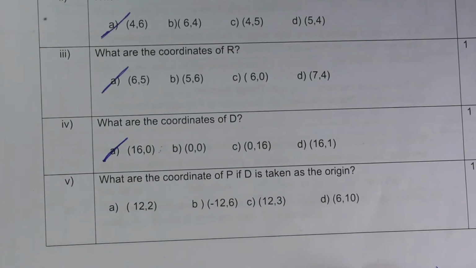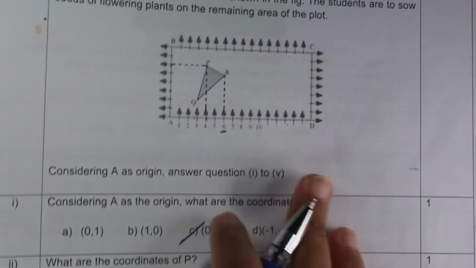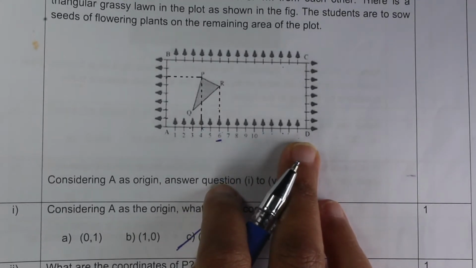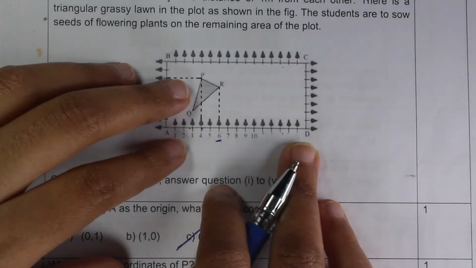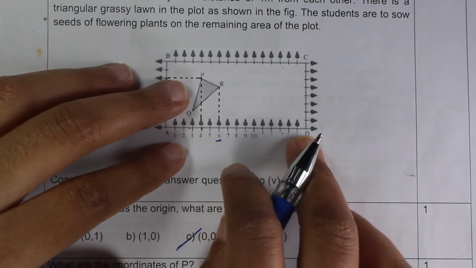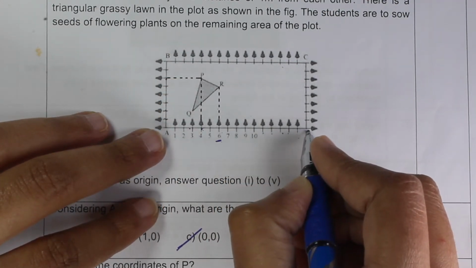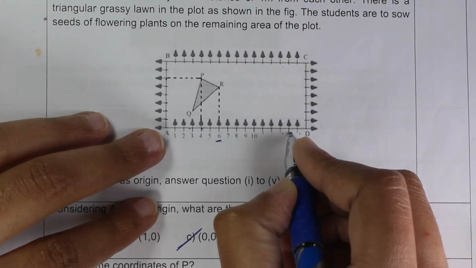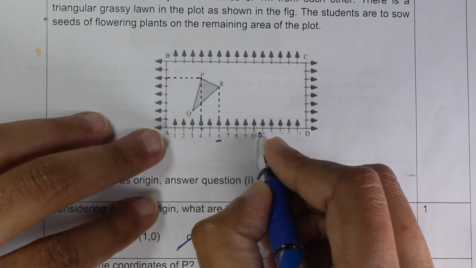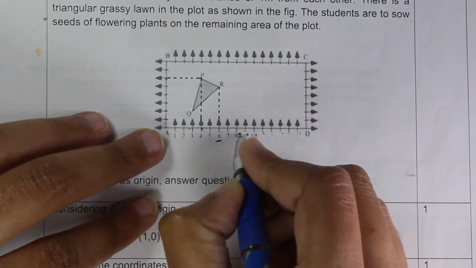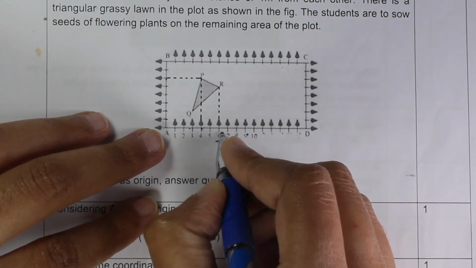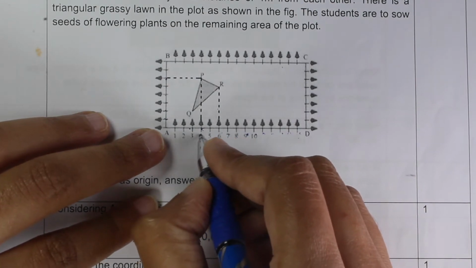What are the coordinates of P if D is taken as origin? So he is asking us to assume D as the origin and to find the coordinates of P. The counting starts from here: -1, -2, -3, -4, -5, -6, -7, -8, -9, -10, -11, -12.